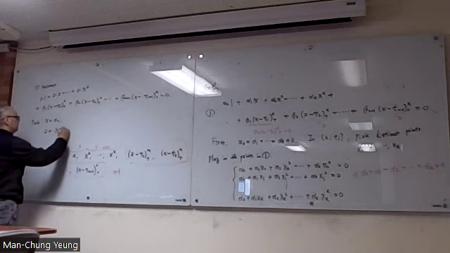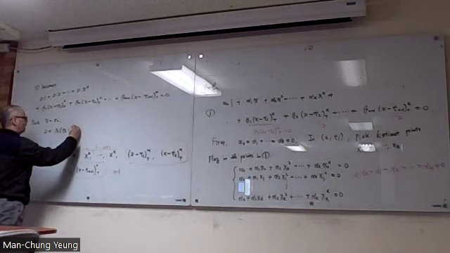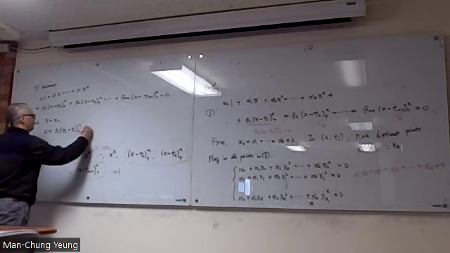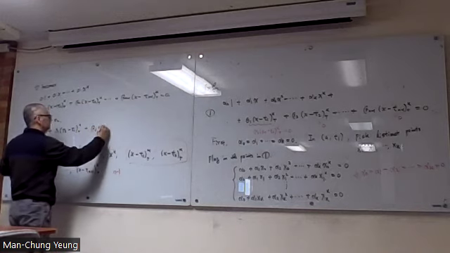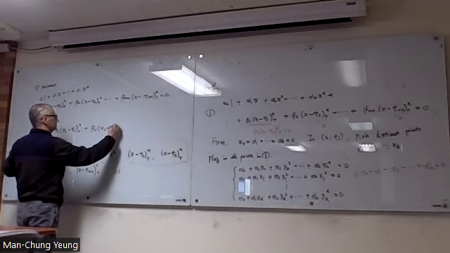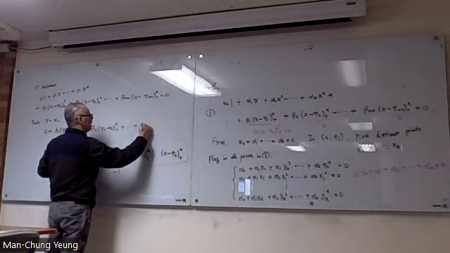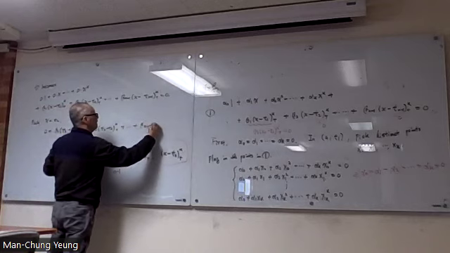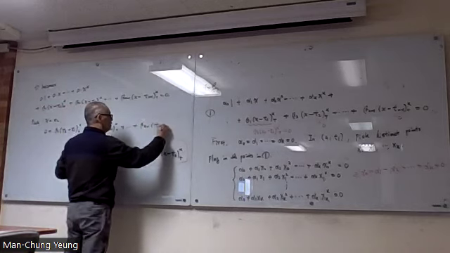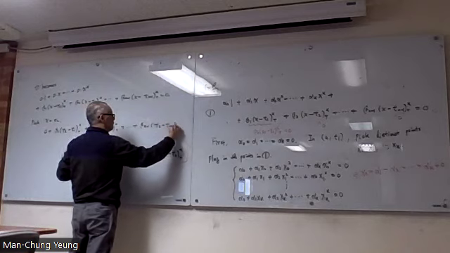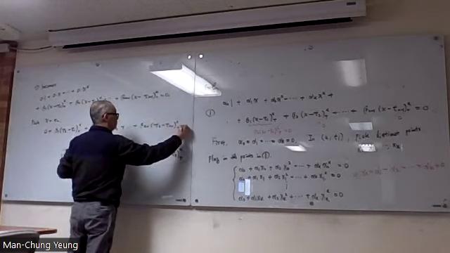We get beta 1 (t2 minus t1) truncated plus beta 2 (t2 minus t2)^k truncated, up to beta n minus 1 (t2 minus t n minus 1)^k truncated is 0.